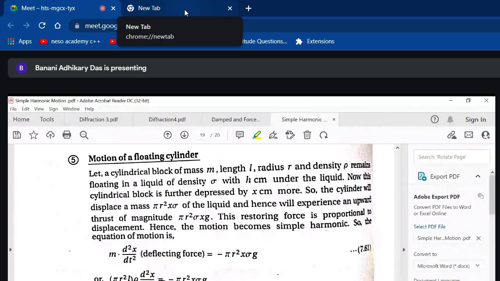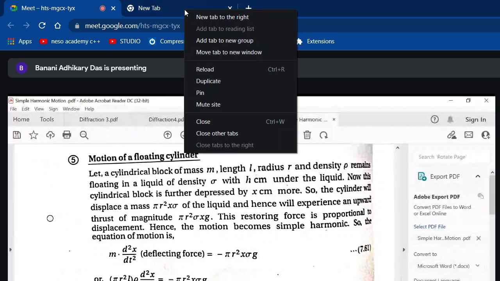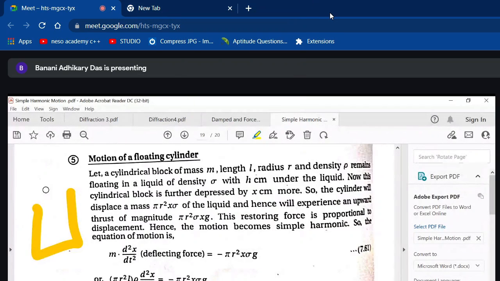Here, the only thing you have to remember is, if you have a container with some liquid, in which you have immersed a cylinder, a certain portion of the cylinder is inside. Let the density of the cylinder be rho, and the density of the liquid be sigma.